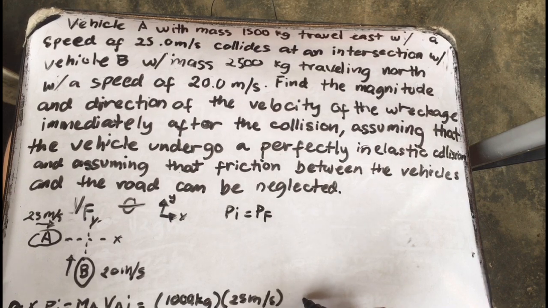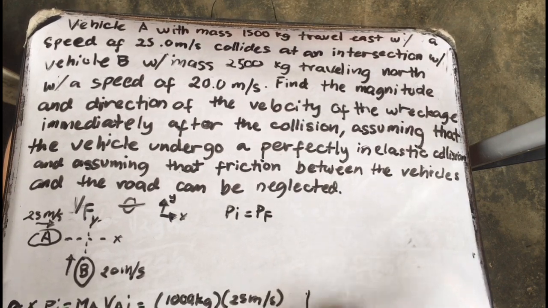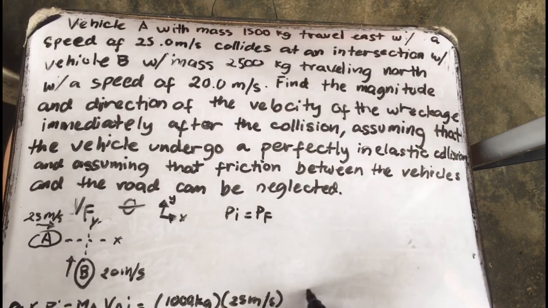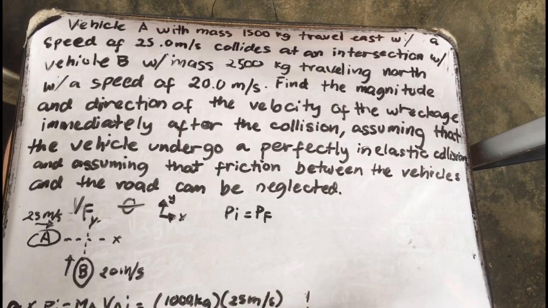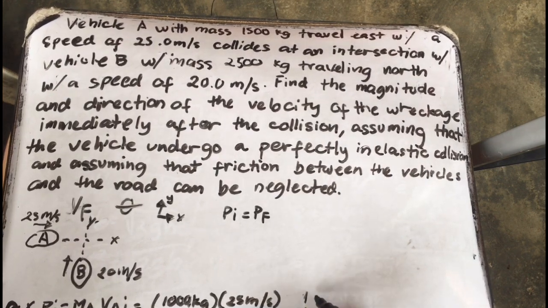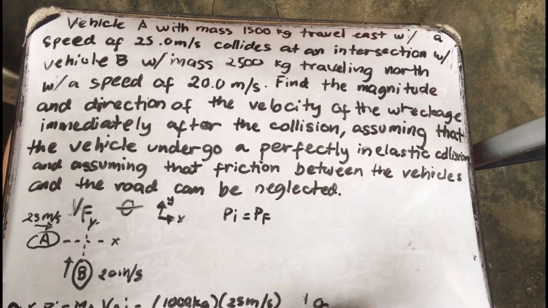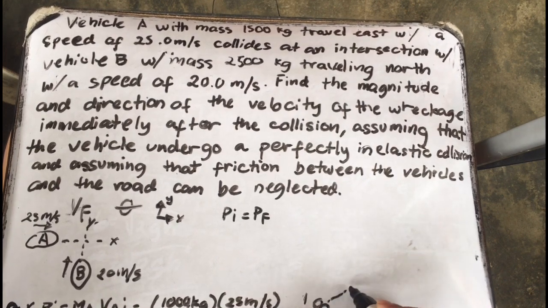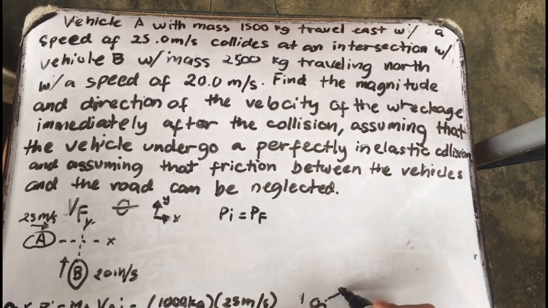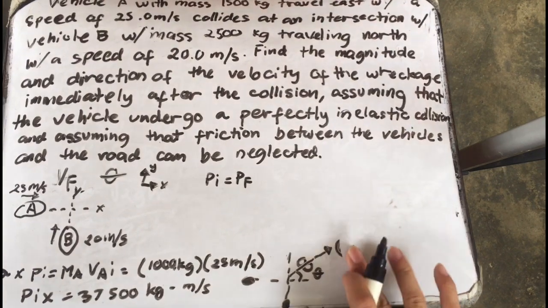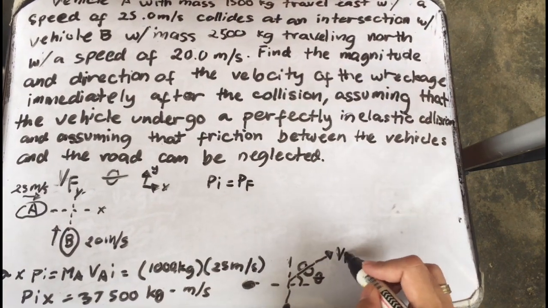Ayan. So, pag nakuha na natin yung P sub i, x, P sub i initial sa x natin ay equal yan sa 37,500 kg times meters per second.